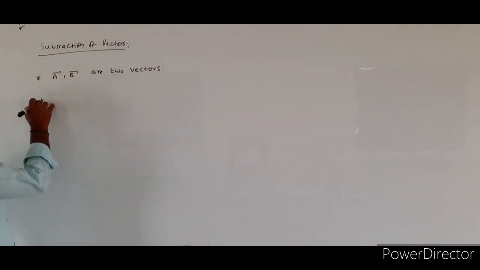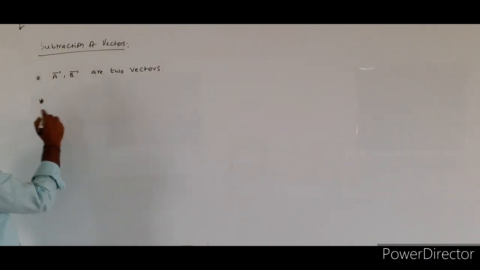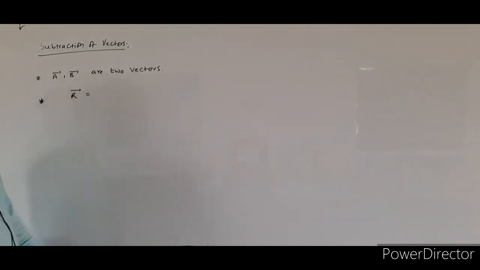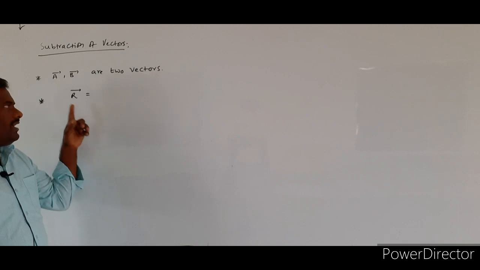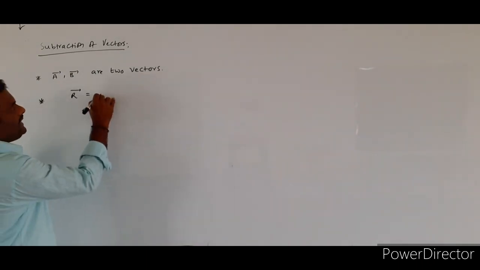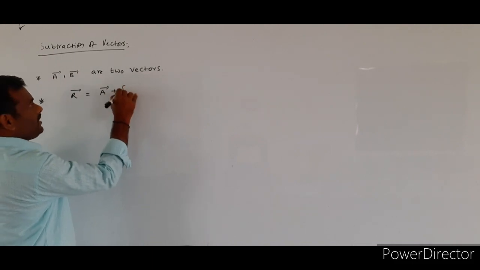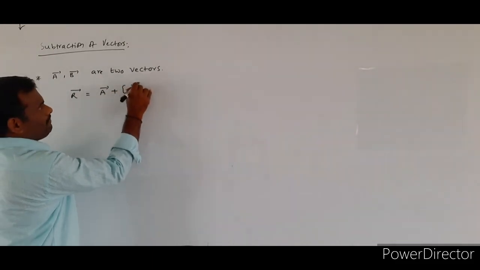If B bar is subtracted from the vector A bar, we get one more resultant vector. That resultant vector will be represented by R bar. R bar is equal to A bar plus minus B bar.